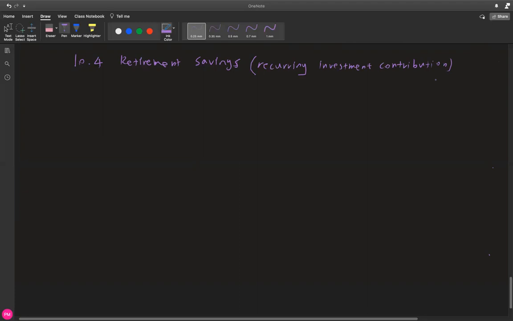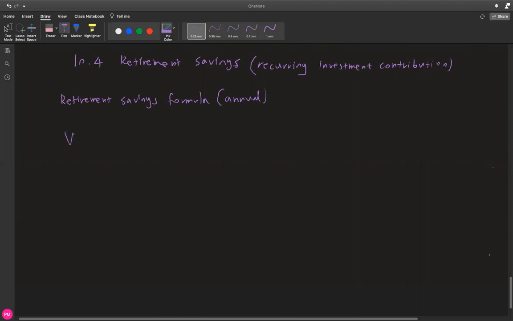So we went over a couple of different formulas. The retirement savings formula had two different versions, I think, yeah. The first one that we did was the yearly one. Savings formula, and this is the annual version.